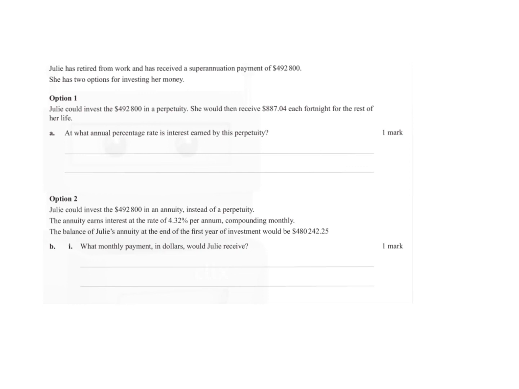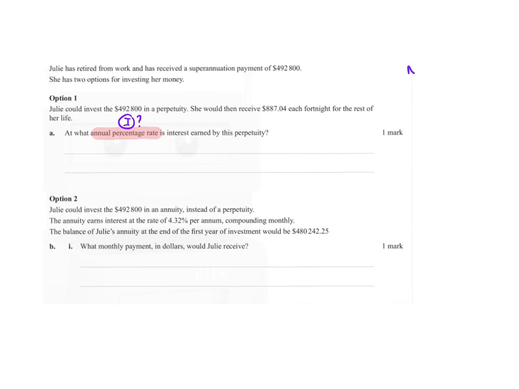She would receive $887.04 each fortnight for the rest of her life. What is the annual percentage rate of this interest earned? Because it's pretty much what they're asking, the annual percentage rate is in Finance Solver, that's the I they're asking.